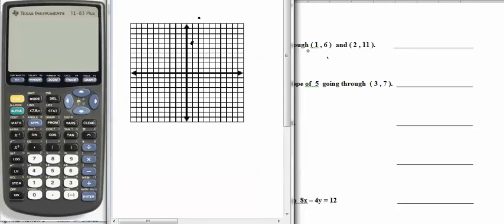So again, we have y equals up 5 and over 1, which is the same as just 5, right? So y equals 5x. But we don't know exactly where our y-intercept is here, so we're just going to continue the slope.